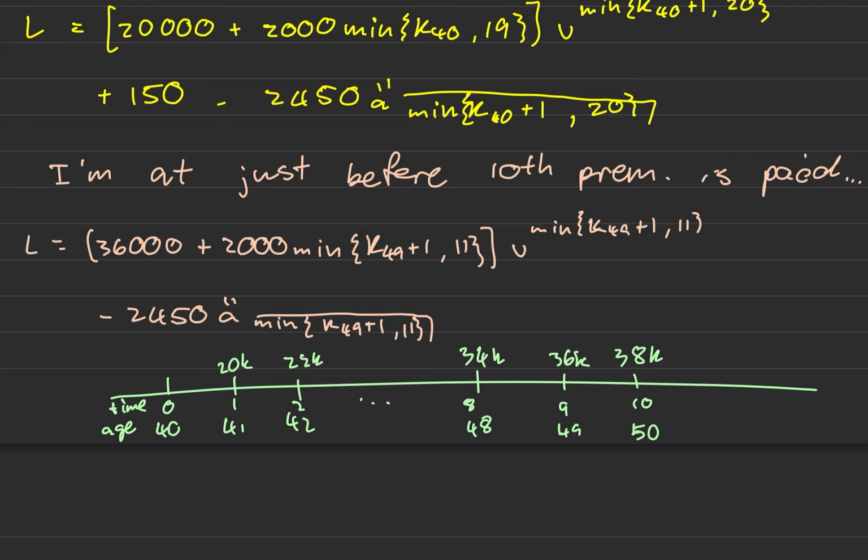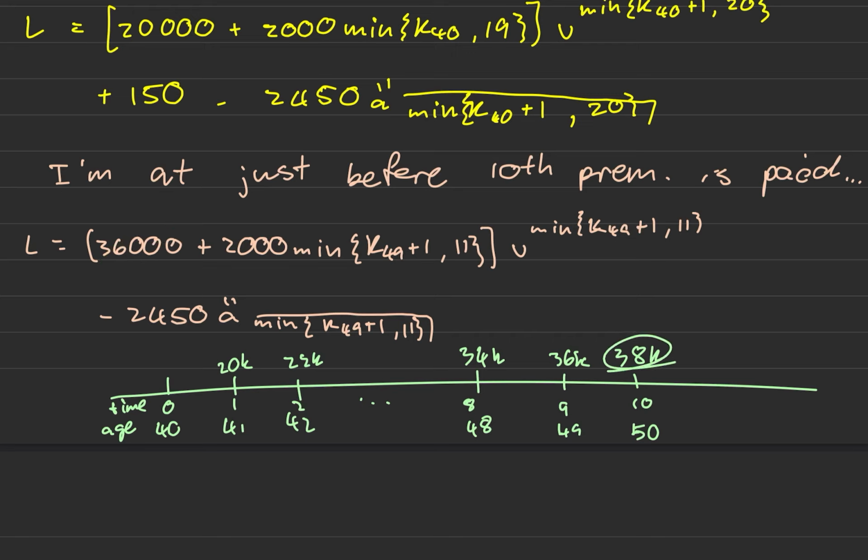Well, because if this person, now aged 49, dies within this year, so K49 equals 0, then I'm going to take the minimum of 0 plus 1 and 11. 0 plus 1 is equal to 1. 1 is less than 11, so the minimum is 1. So I have 1 times 2,000 plus 36,000, which is 38,000.